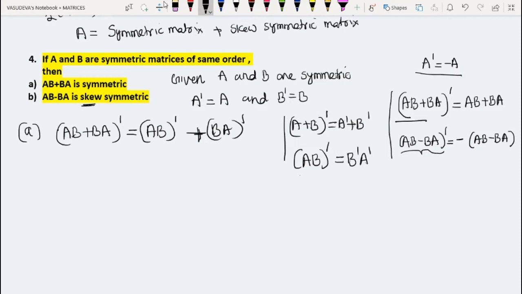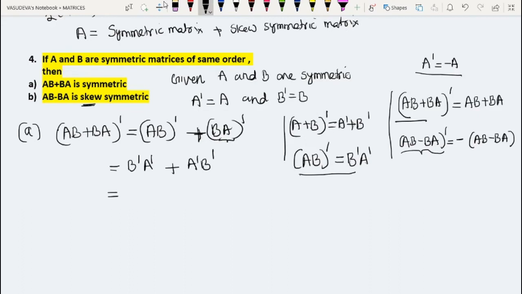So AB whole dash becomes B dash into A dash, plus BA whole dash becomes A dash into B dash.